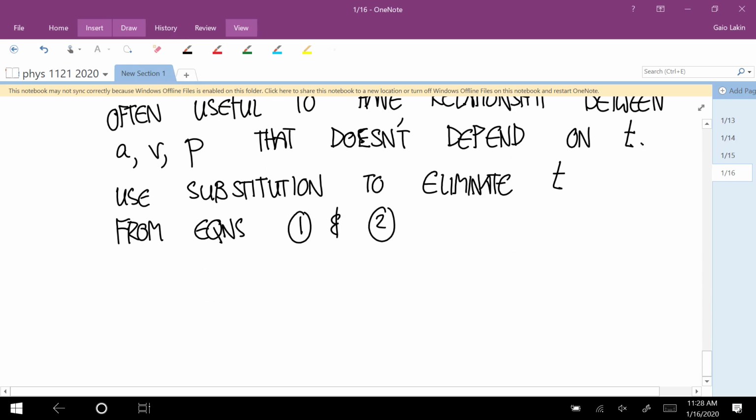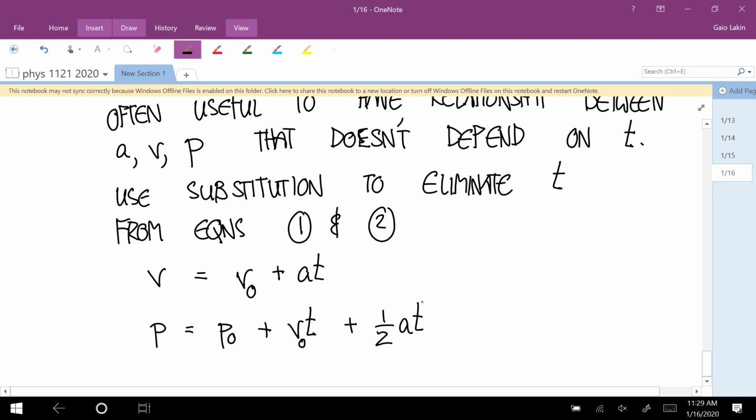Okay, so our two equations that we're going to start with are v is equal to v0 plus at, and p is equal to p0 plus v0t plus 1/2 at squared.